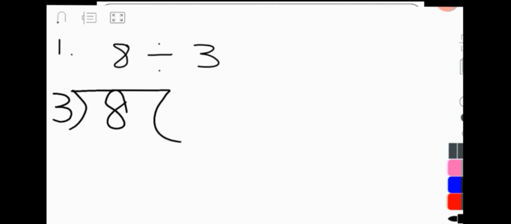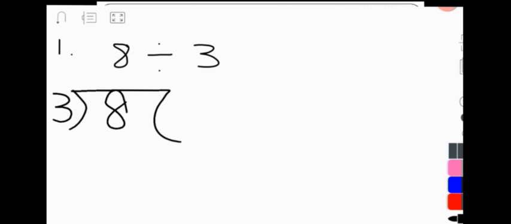Now we have to check whether 8 comes in the table of 3 or not. As we know, 8 doesn't come in the table of 3, so we will take a lesser number than 8.